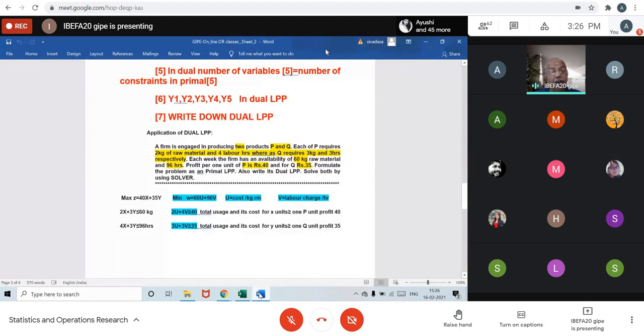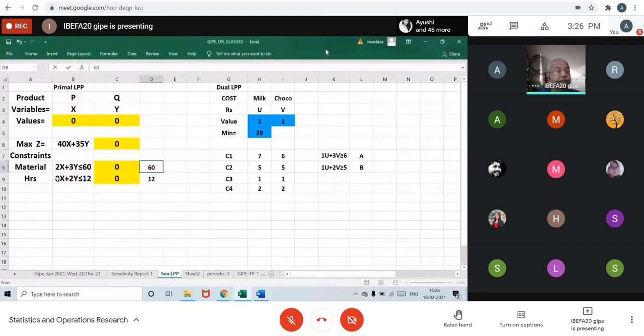And hours, 4 and 3, less than or equal to 96.